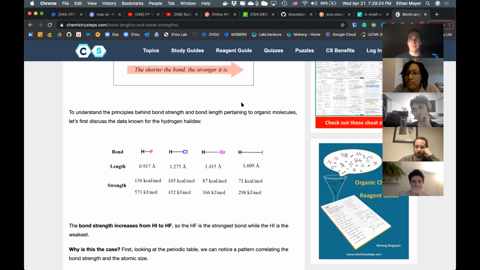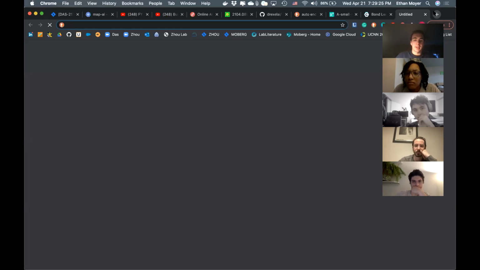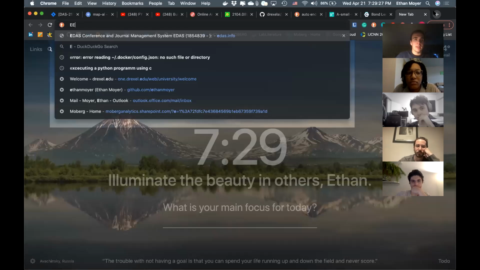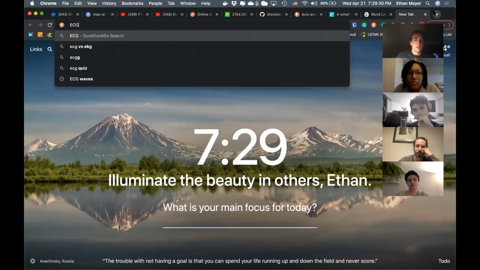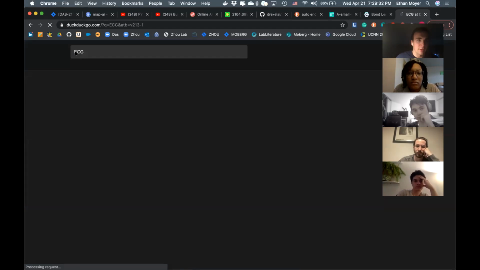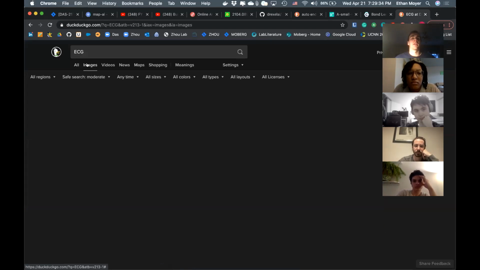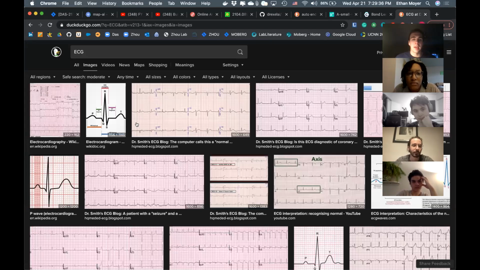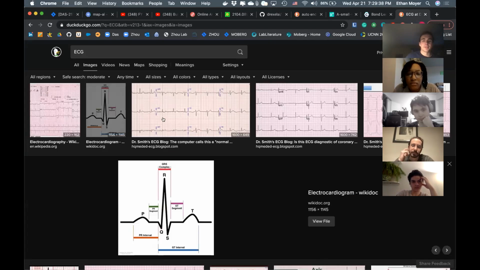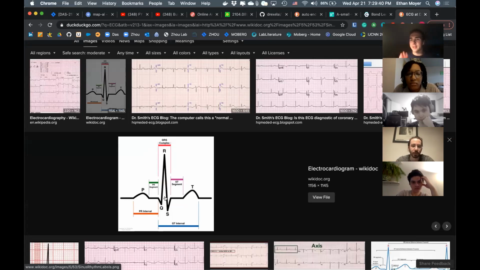Basically, what Professor Kim was doing in a project is he was taking ECG signals, electrocardiogram, it's what the heart looks like. He was taking this wave, and it's still a waveform.